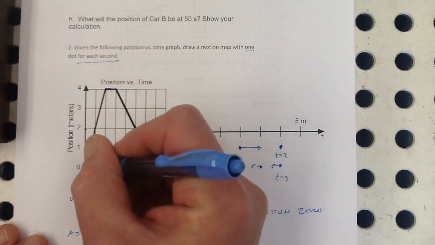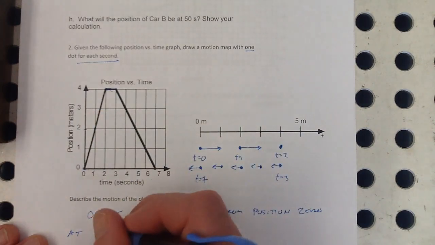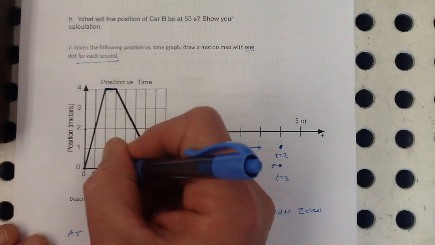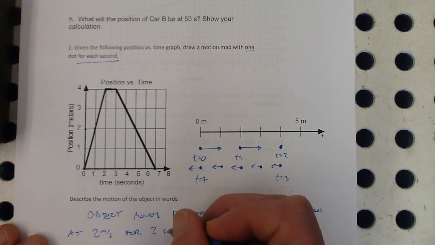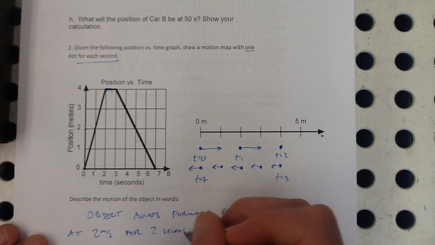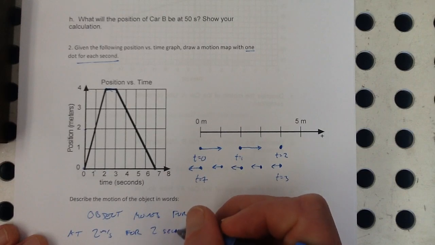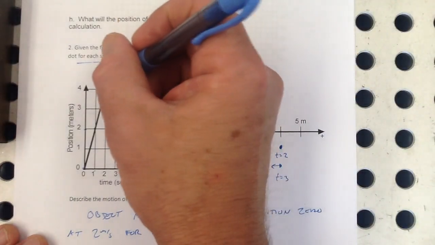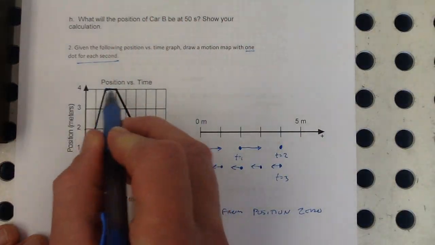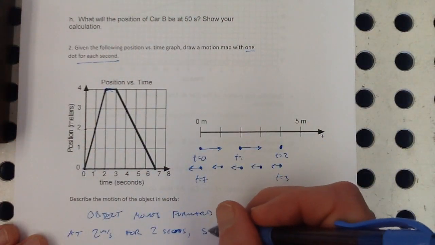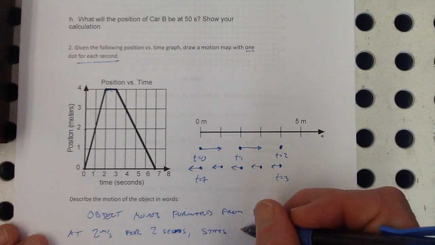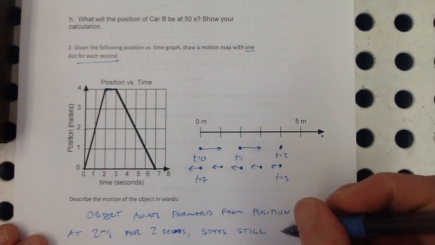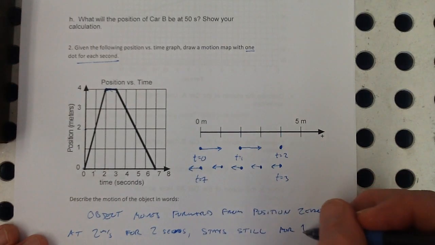That's the slope of this, rise over run, at 2 meters per second. It does that for the first 2 seconds. Seconds, sorry, spelling. And then for the next second, it stays still. Stays still, remains motionless, whatever you want to say there. Stays still for 1 second.